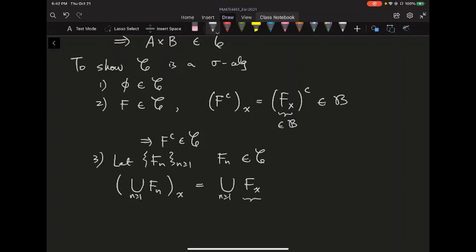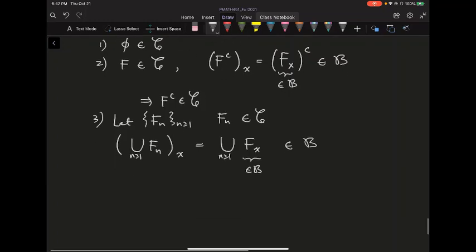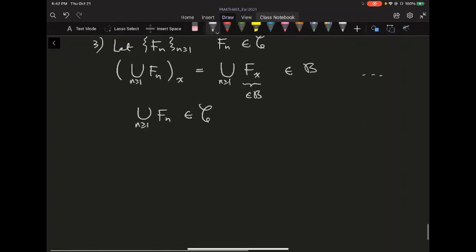Again, each of these (F_n)_x is inside B, so their union is inside B. So this section over x is inside B, and similarly for y, and I'm not going to write that as well. So you convince yourself this union is also inside C. So we see that C is a sigma algebra.